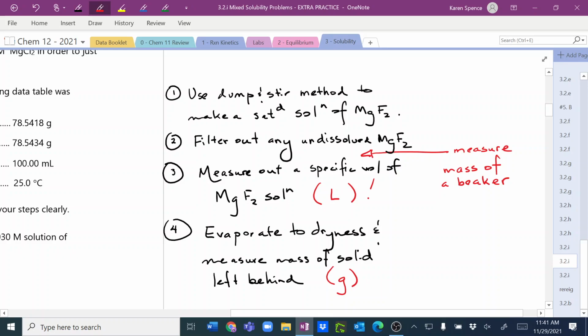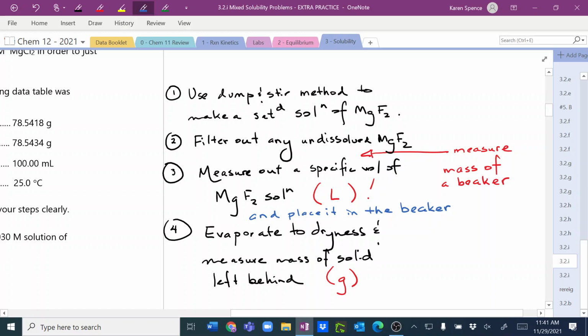Then when you measure out your specific volume of MgF2, you will place it in the beaker.